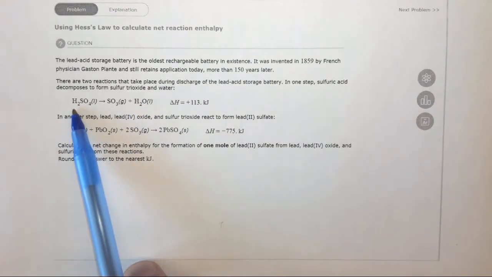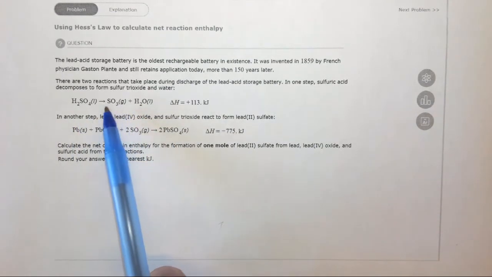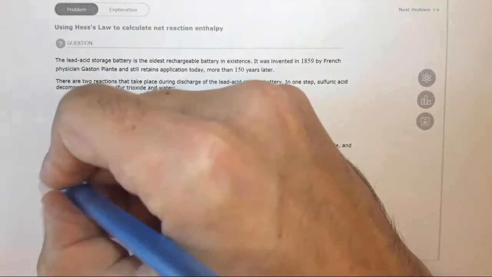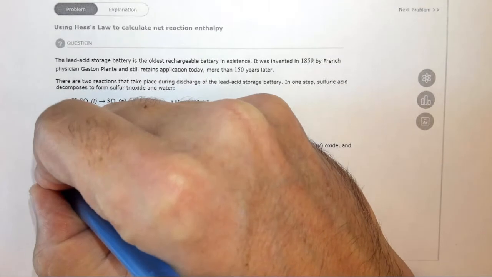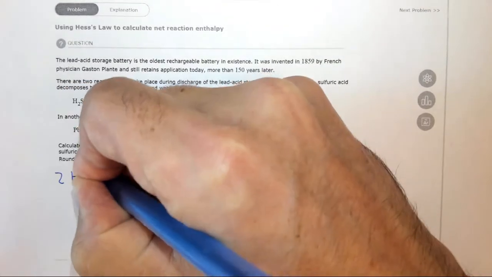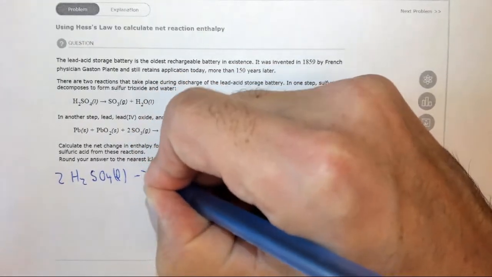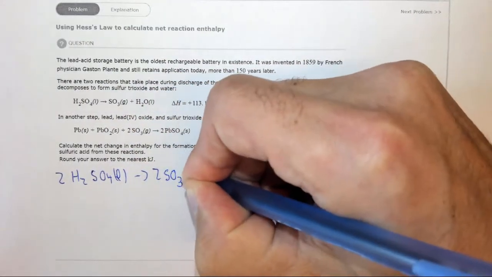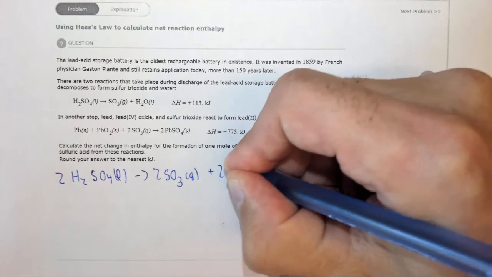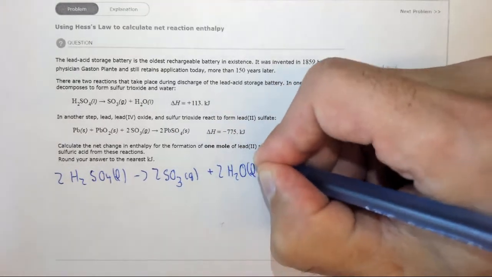So first thing we want to do is double this reaction. If you double the reaction to get 2SO3 on the product side, you have to double everything. So doubling everything, we get 2H2SO4 liquid yields 2SO3 gas plus 2H2O liquid.